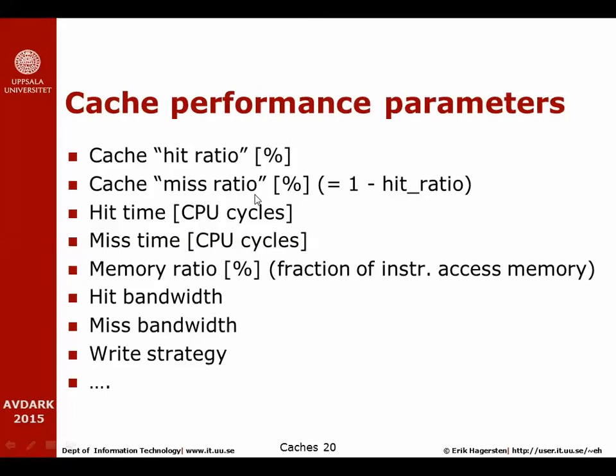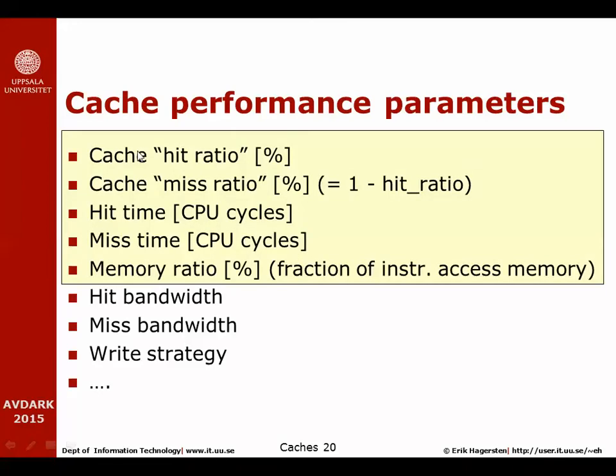Its miss ratio, which is 1 minus hit ratio: what's the likelihood that you will not find the data you're looking for? How many cycles does it take to access the data if you find it in the cache, the hit time? What's the penalty if you don't find it in the cache, the miss time? What fraction of instructions is accessing memory, the memory ratio, and so on. So lots of different parameters. Right here, we're going to focus on the first 5 parameters.